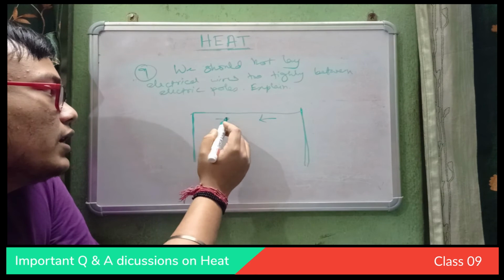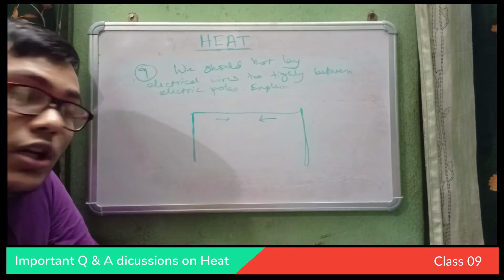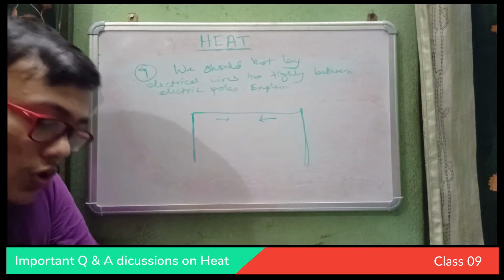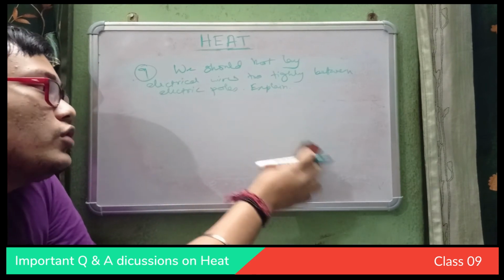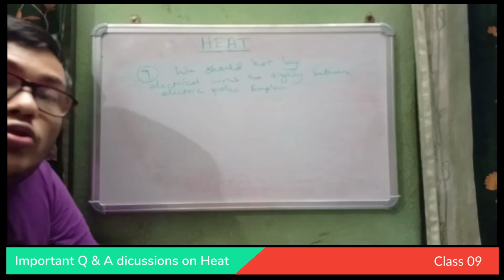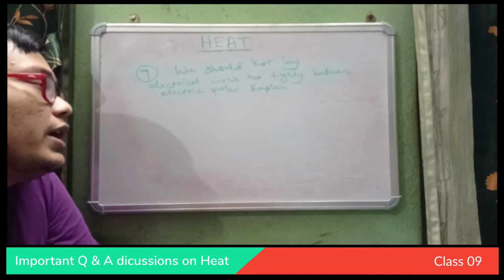So it will tear if in winter the temperature drops too low. That's why, as substances contract on cooling, the wires should not be laid too tightly.